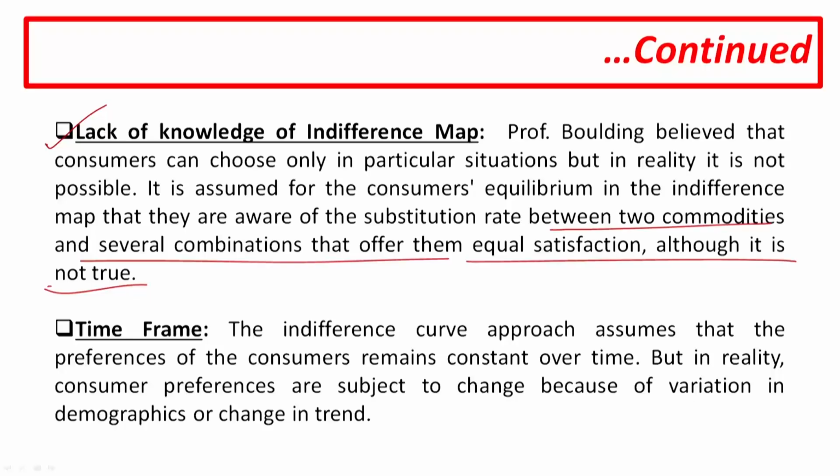For each and every indifference curve shown in the indifference map, the consumer does not actually know the rate at which one commodity is going to be substituted. So the consumer does not have a clear idea about the indifference map. So it becomes a choice of which particular combination of the two commodities to choose.